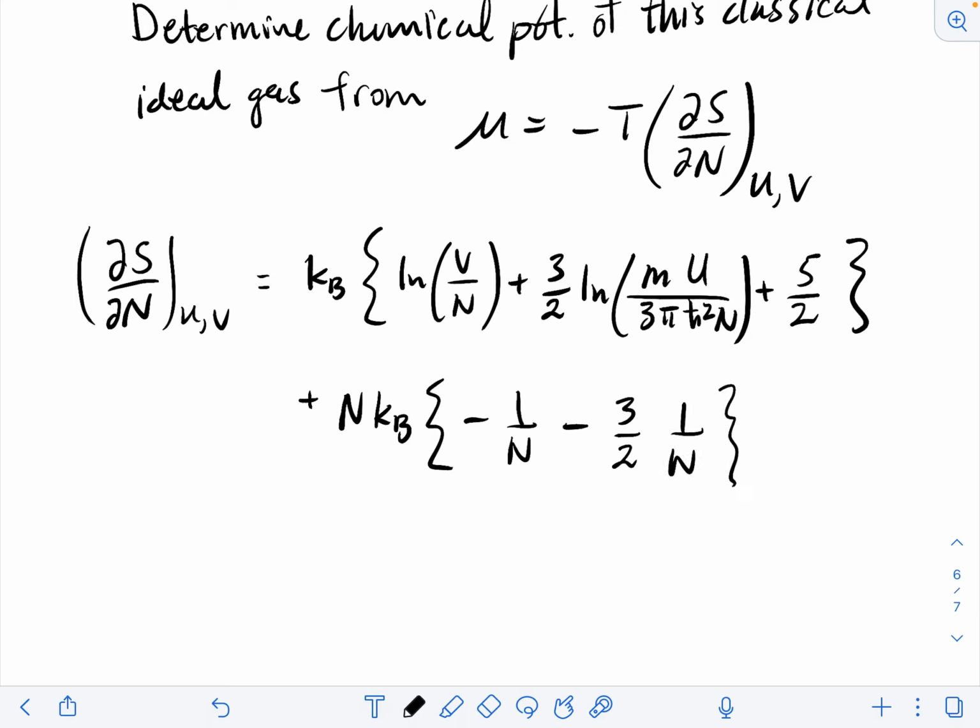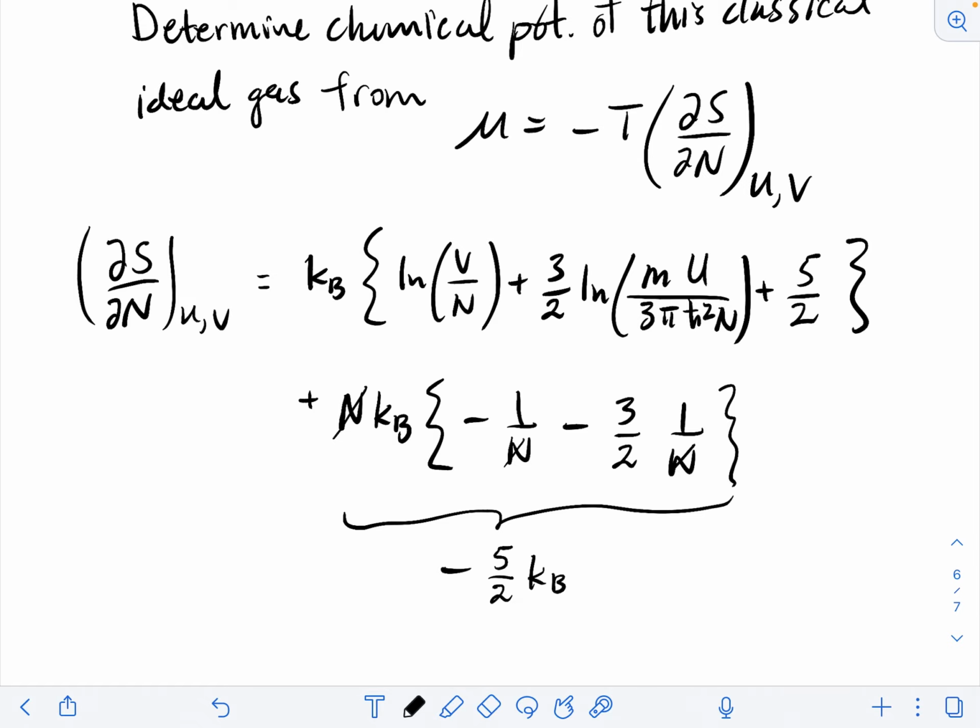Okay. So I could take this n out front and cancel it with the two n's that are in there. And then I have a minus 1 minus 3/2, which is minus 5/2. And so all of this becomes minus 5/2 kB.